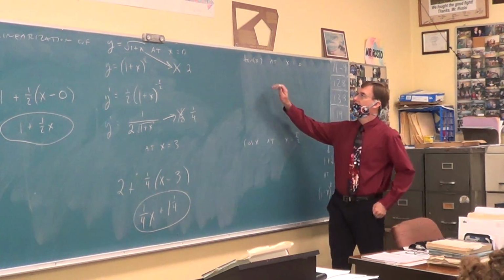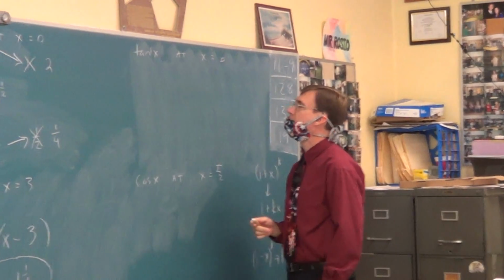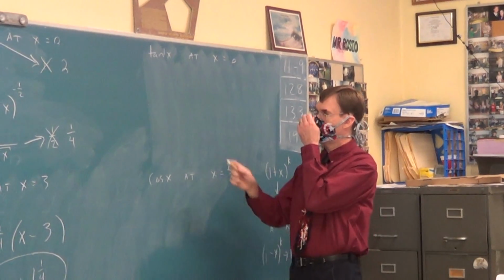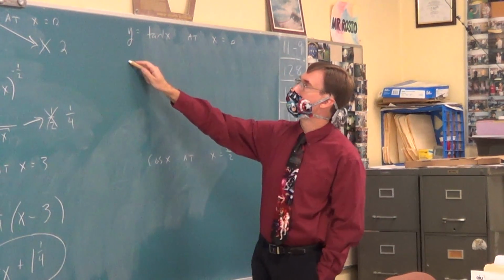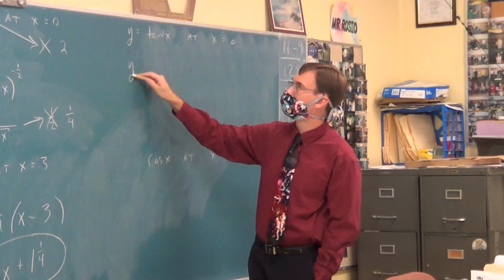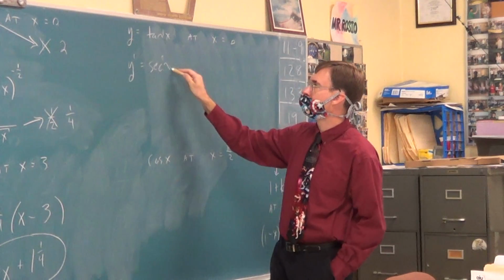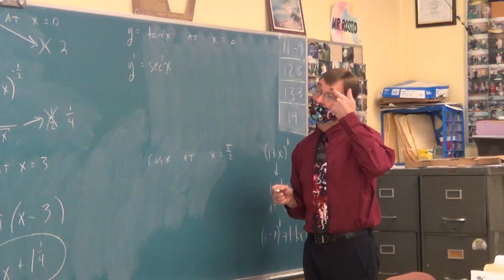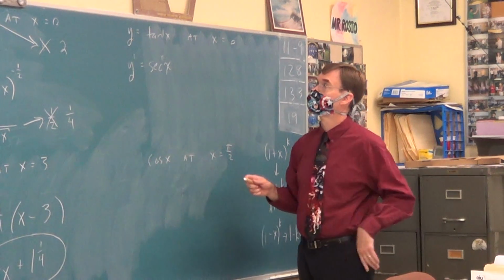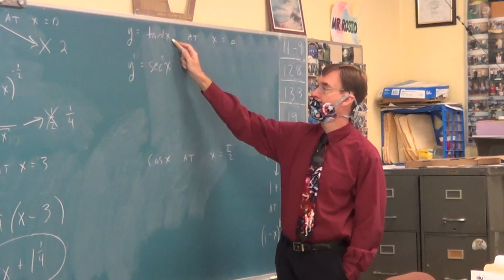If I give you tan x, and I'll do x equals 0 again, how are we going to start off? Derivative of tan, secant squared, then plug in 1 or both?